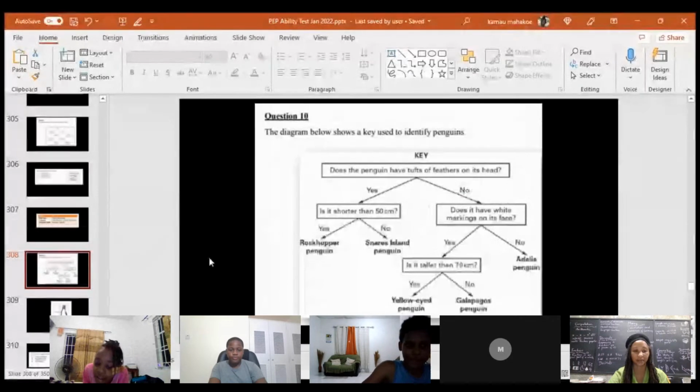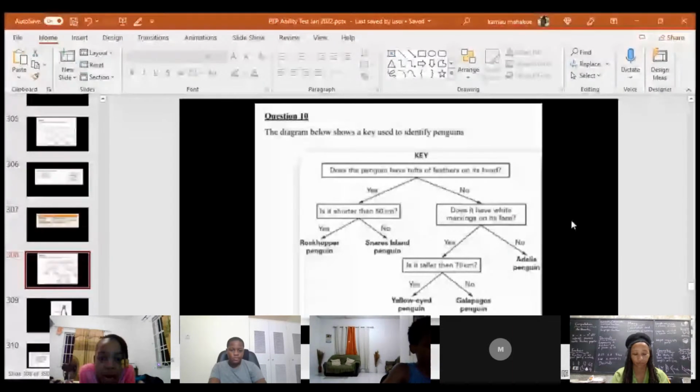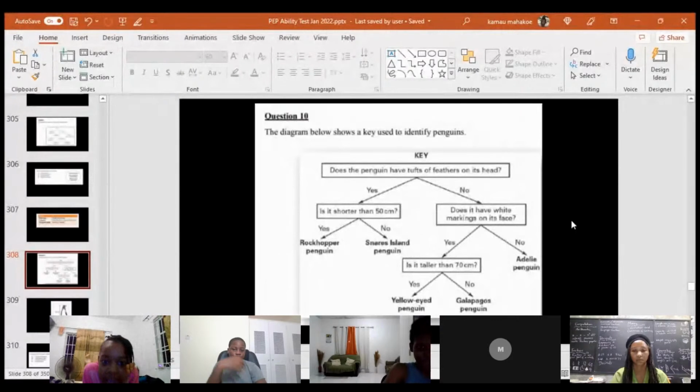Read question 10. The diagram below shows a key used to identify penguins. Does the penguin have tufts of feathers on its head? Yes. Is it shorter than 50 centimeters? Yes. Rockhopper penguin? No. Snares Island penguin? No. Does it have white markings on its face?